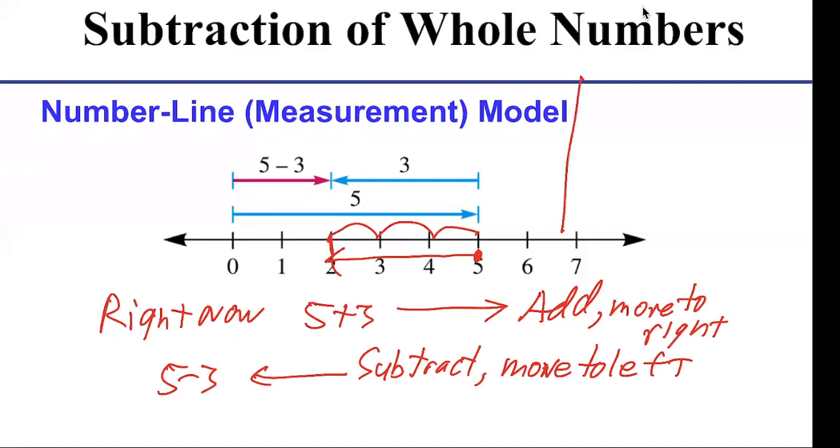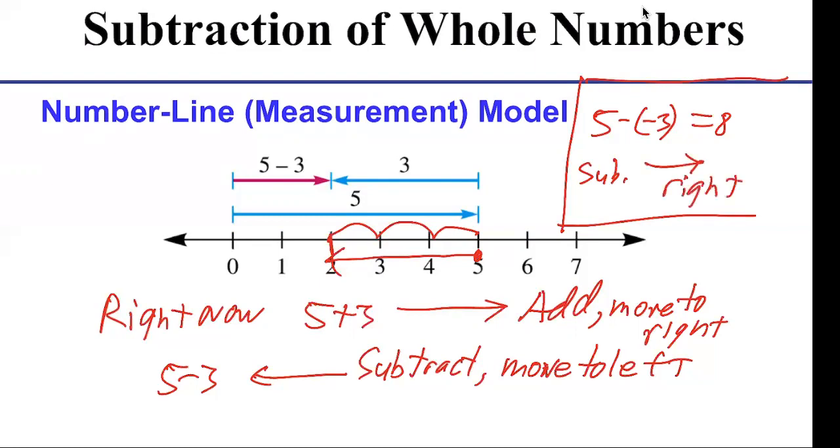So then what happens later on when I do 5 subtract negative 3, and suddenly you're doing subtraction and you're moving to the right. That's when we get into integers and the negative numbers, that's where all the problems come into play.